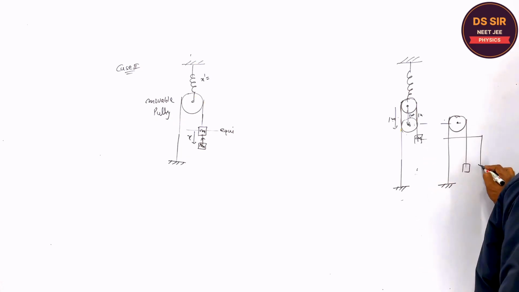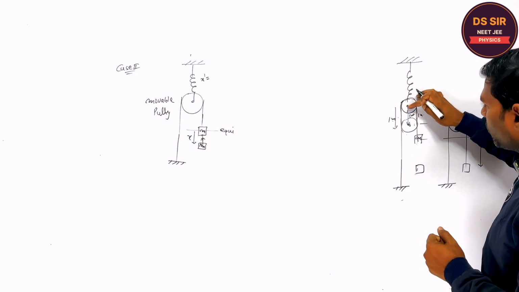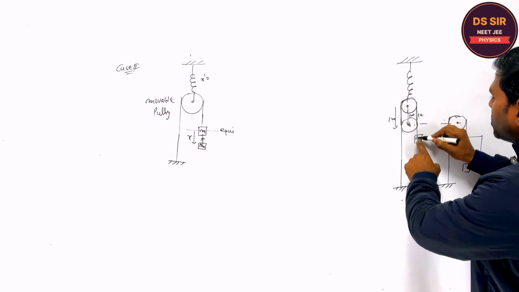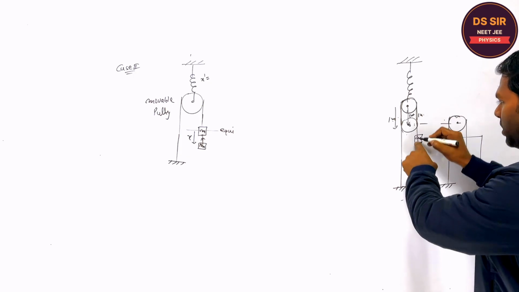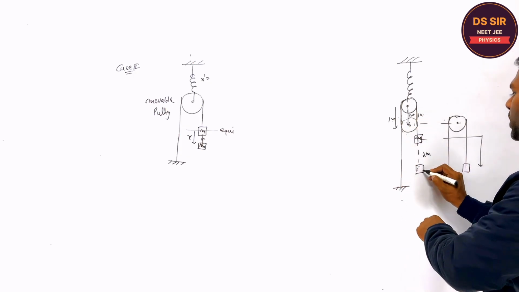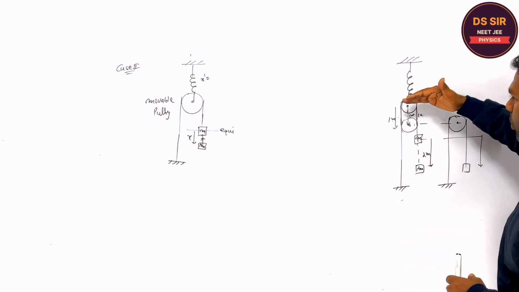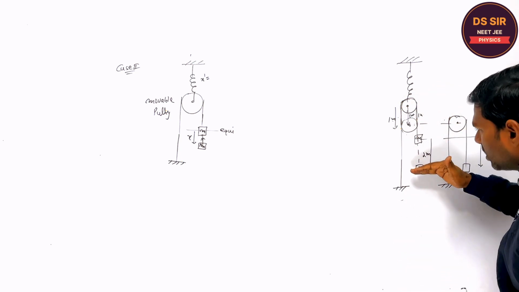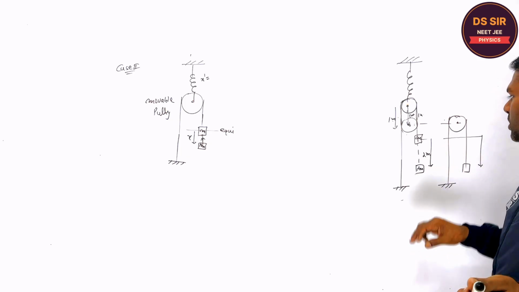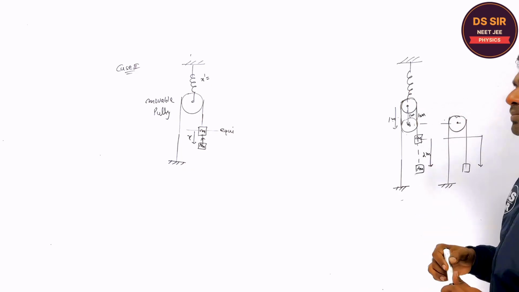What is the displacement in the block now? Yes, Varsha, it is 1 meter pulley, 1 meter string and 1 meter string, and it moved by 2 meter. Is it clear or not, you tell? If the pulley comes down by 1 meter, what is the distance covered by the block? It is 2 meter. Is it clear or not?